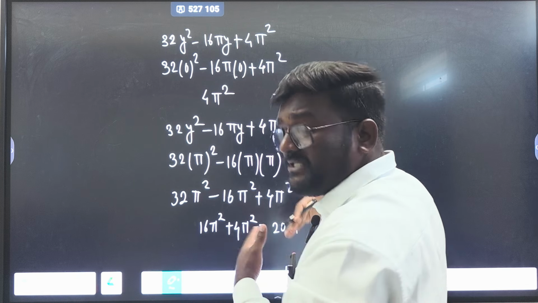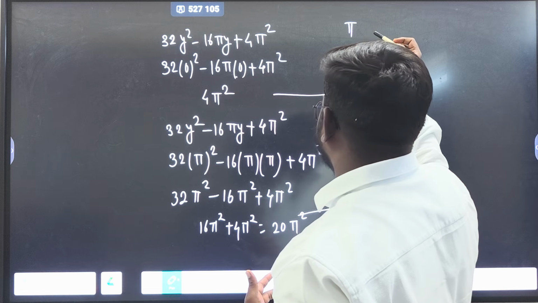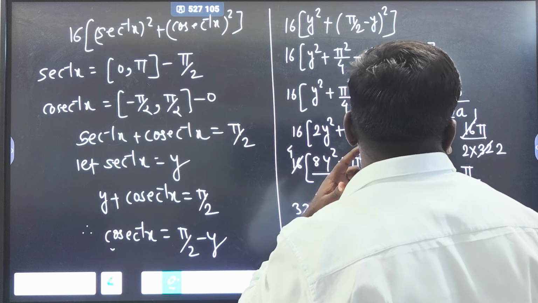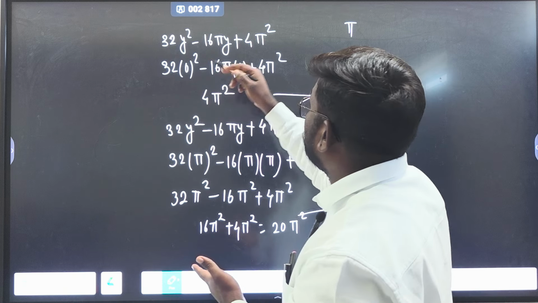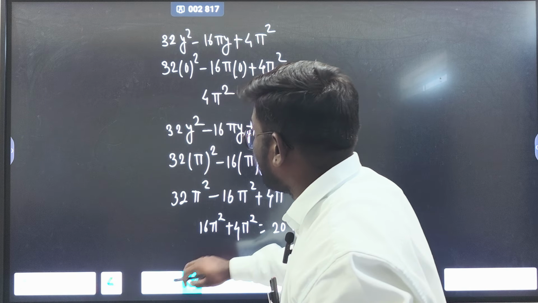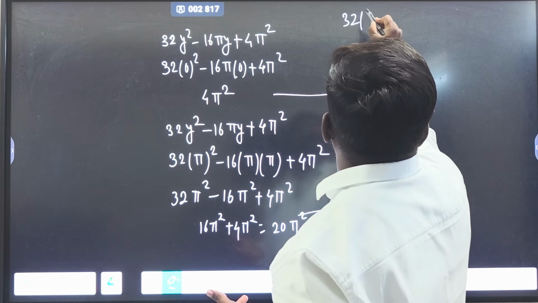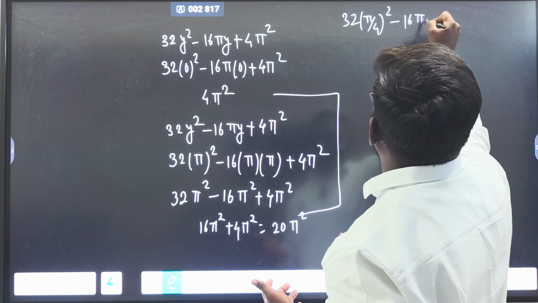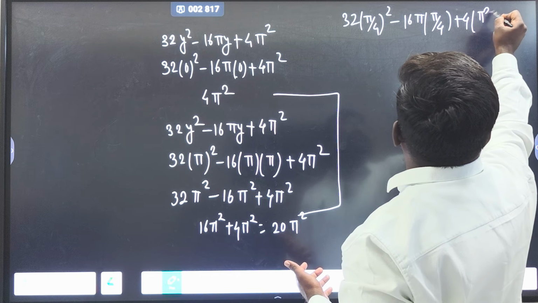So what is the minimum value? First we have to calculate the minimum value. Now we are putting y equals pi by 4 here. So 32 times pi by 4 square minus 16 pi times pi by 4 plus 4 pi square.